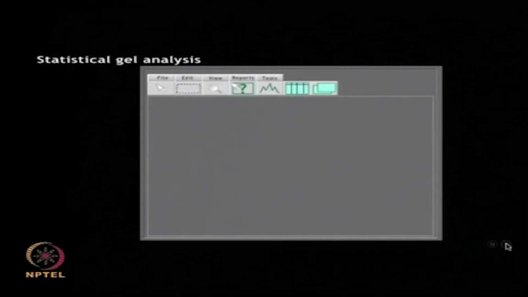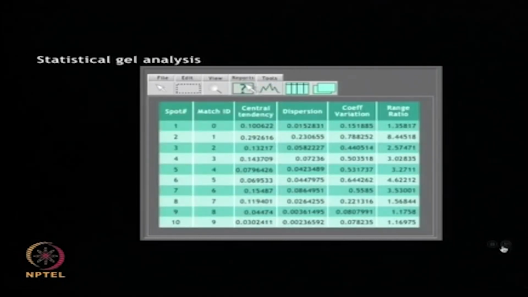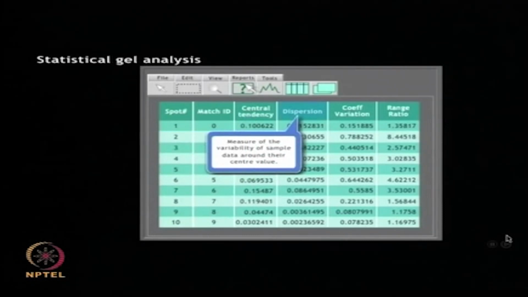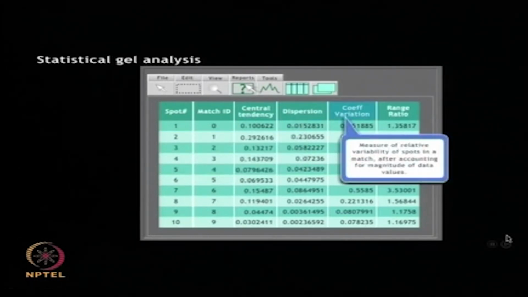In addition to the physical parameters, various statistical parameters can also be computed for each gel and each spot on the gel, such as central tendency, mean, median, dispersion, coefficient of variation, standard deviation or other statistical parameters.